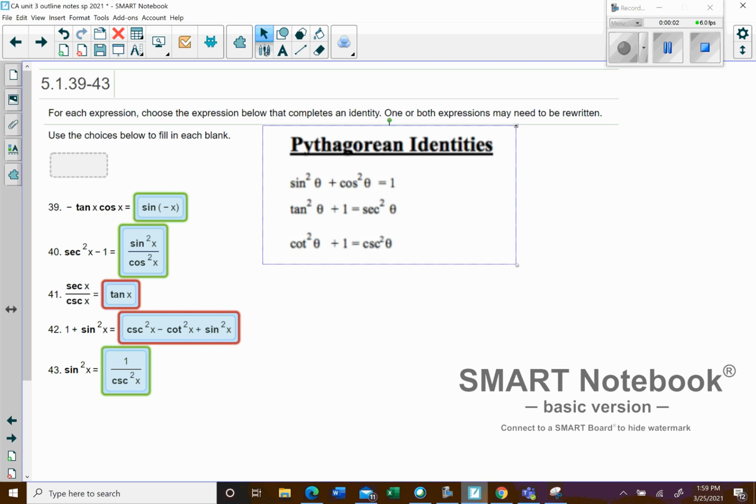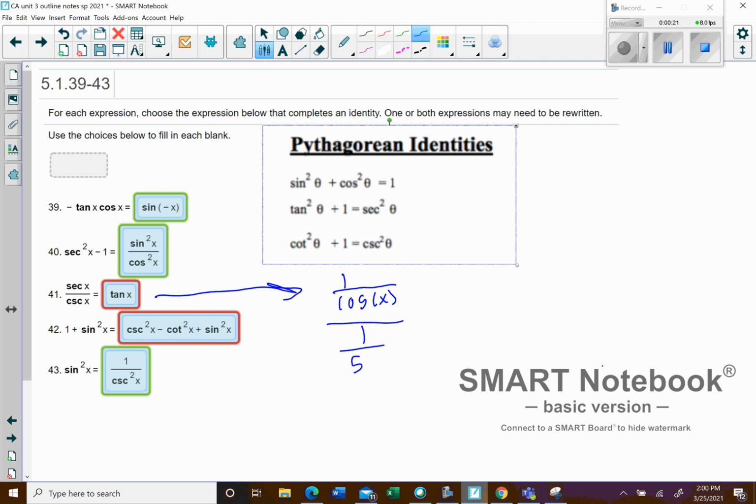Okay, so let's look at the ones that you apparently, I guess, swapped. So if you look at this one, if you do the reciprocal identity of secant, it's 1 over cosine of x. And if you do the reciprocal identity of the cosecant, that's going to be 1 over sine of x.